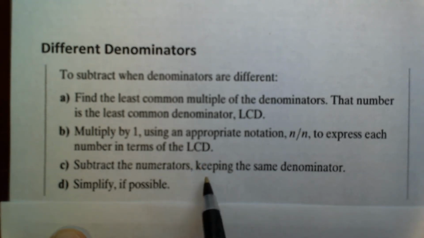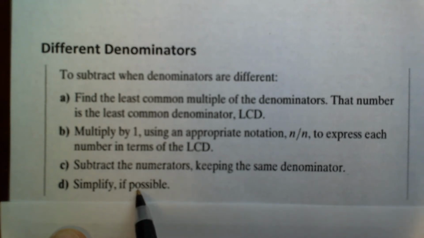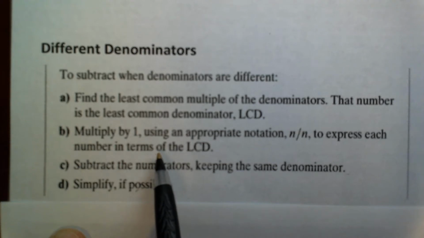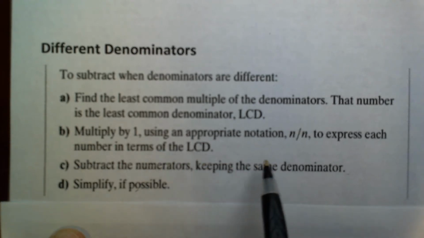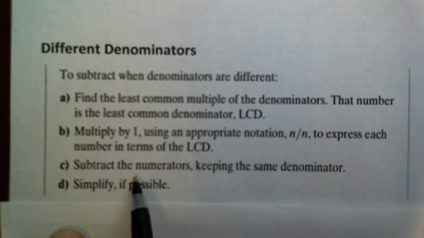And then we subtract the numerators, keeping the same denominator, and then we simplify if possible, which is really the same method we use for adding fractions. So the only difference here is that instead of adding, we subtract the numerators. It's that simple, that straightforward.